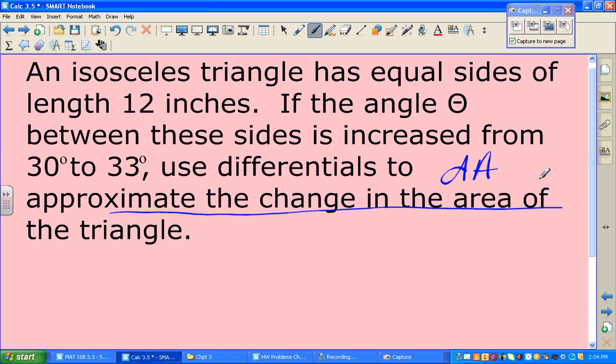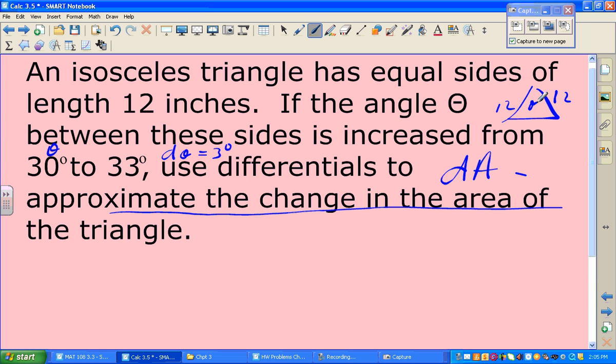This one gives me an initial value of theta. That means d theta is going to equal 3. You're going to 33. Yes, 30 is theta, and 12 inches is the length of the sides of the isosceles triangle.